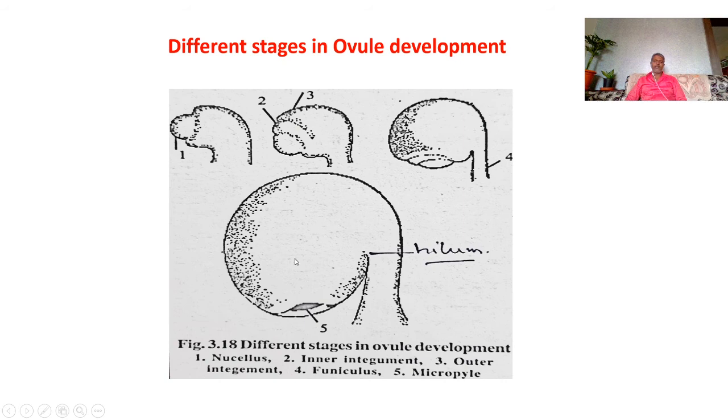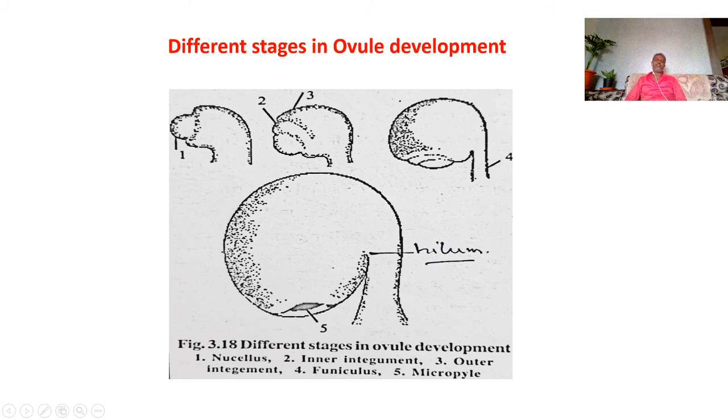And the region in between the nucellus and the funicle and the integuments, the place where these three meet, is known as chalaza, and this is the body of the ovule, and it is attached to the placenta through a stalk-like structure called funicle.